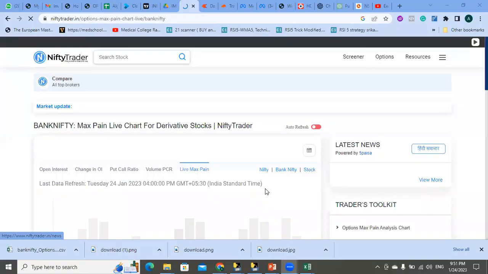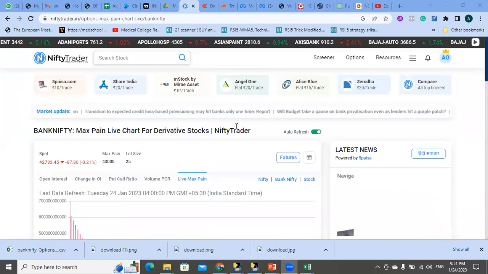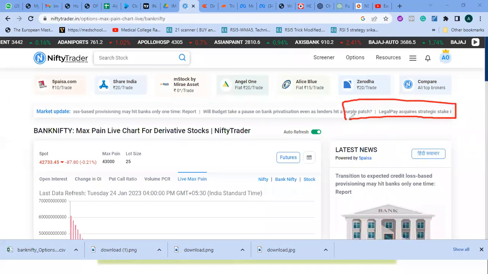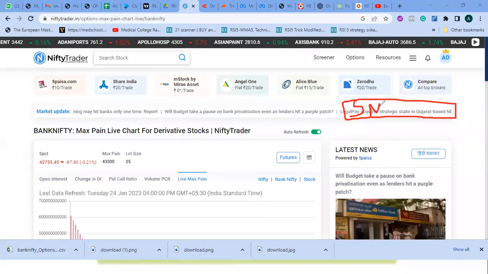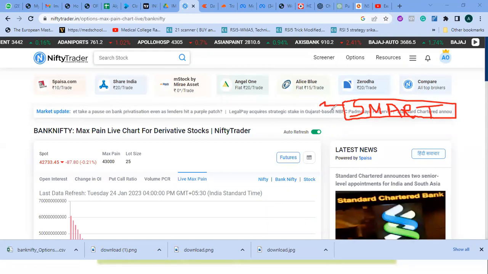So whenever we are trading in options, it is considered that option sellers are smart money, and smart money, they are here to earn the maximum profits. They enter market every day to earn profits.